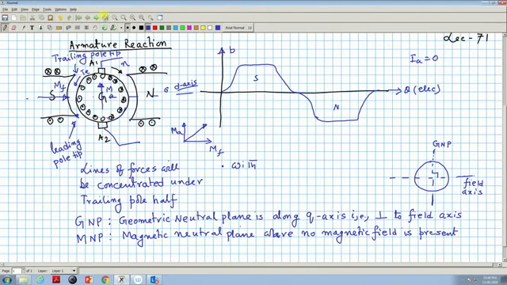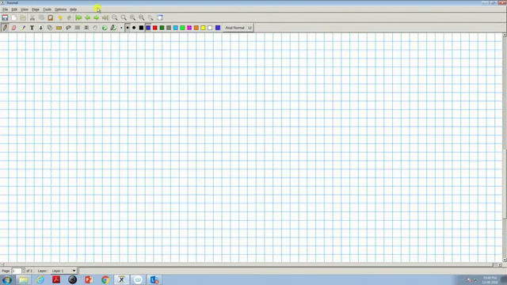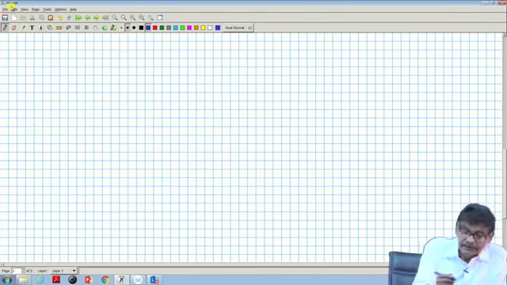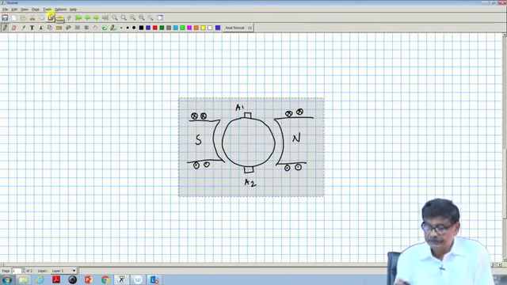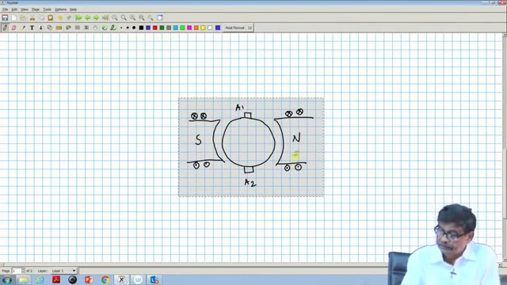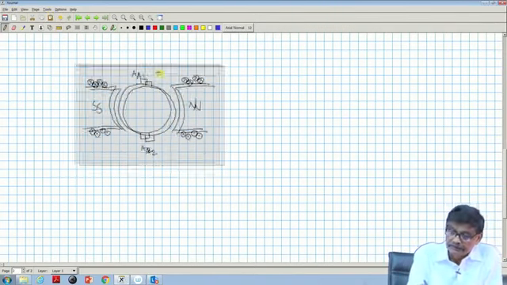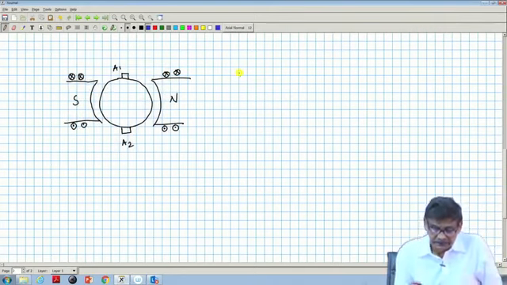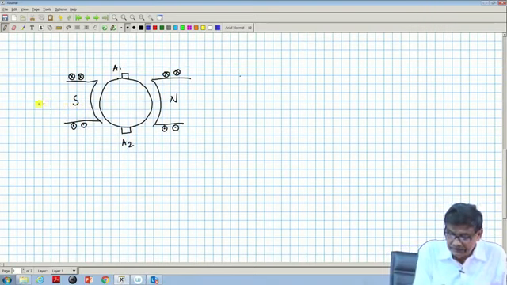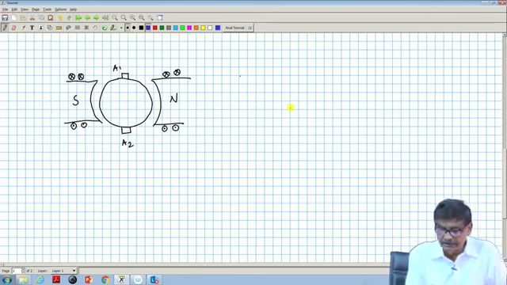Now, let us consider this same machine. In this machine, what is the geometric neutral plane?